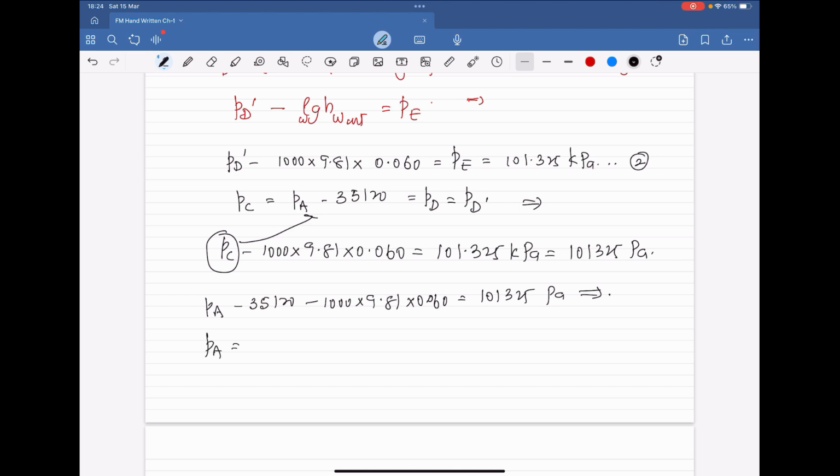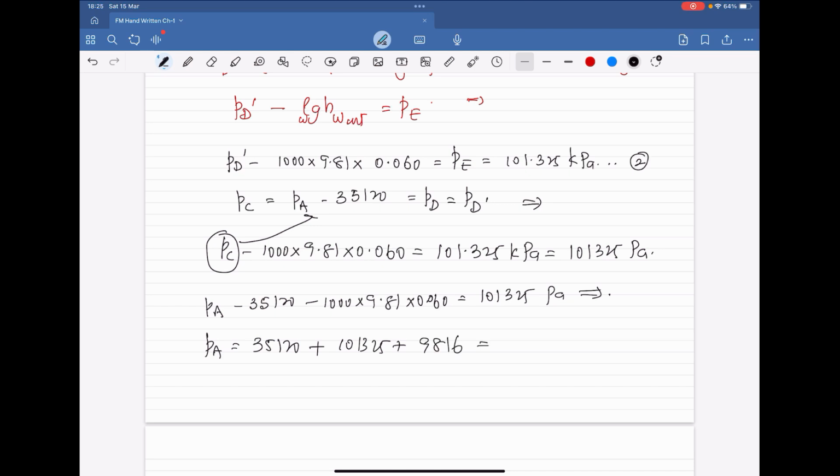That means PA is equal to 35,120 plus 101.325 plus what is this value? 1000 into 9.81 into 0.060, that is equal to 9816.